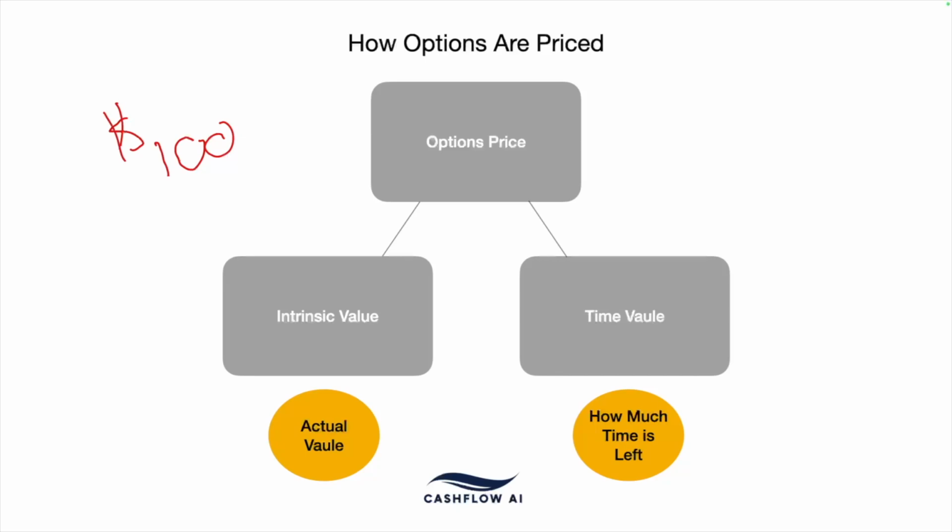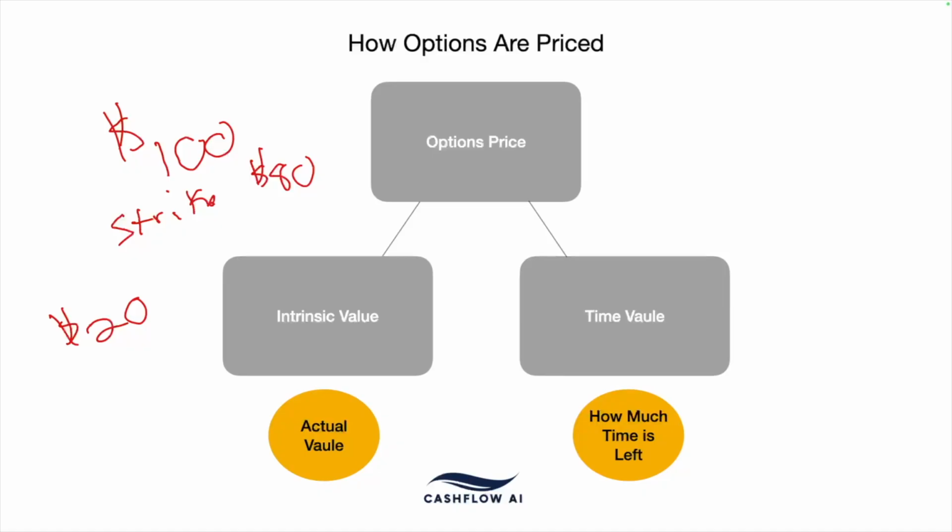Let's use $100 instead of 100,000. So if I have the strike price of $80, but the stock is worth $100, that has $20 of intrinsic value. Okay, already built into it.